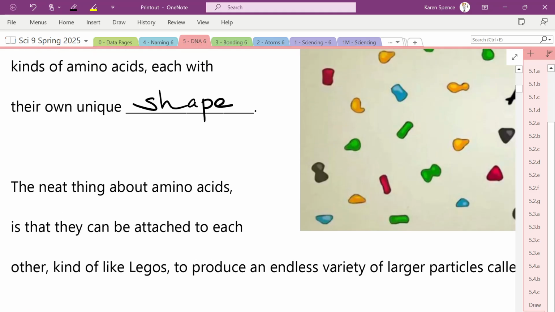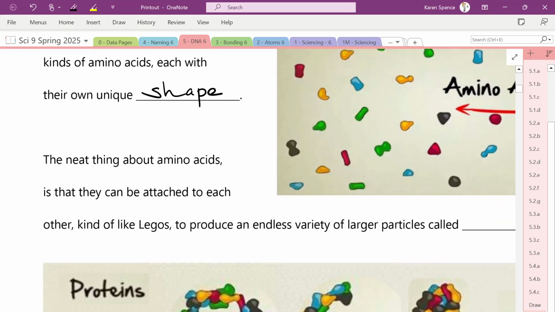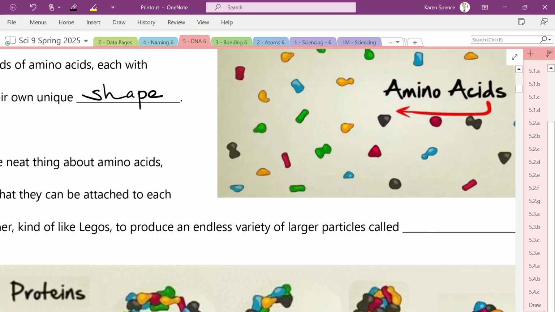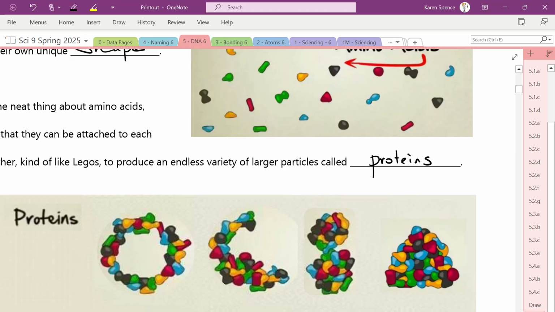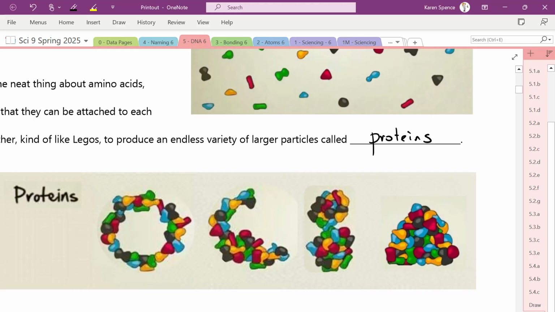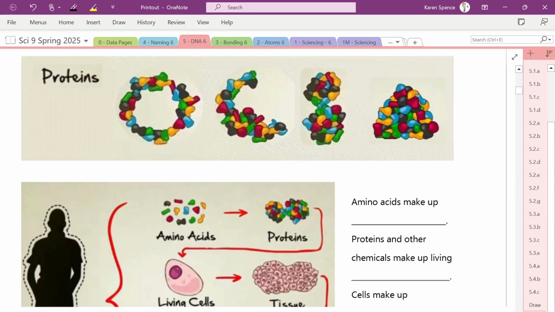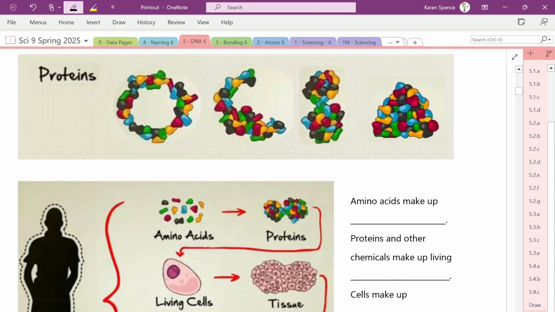The neat thing about amino acids is that they can be attached to each other, kind of like Legos, to produce an endless variety of larger particles called proteins. So if you stick a bunch of amino acids together, you get proteins. Amino acids make up proteins.